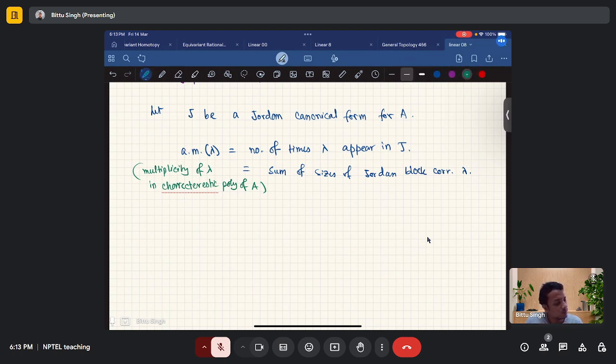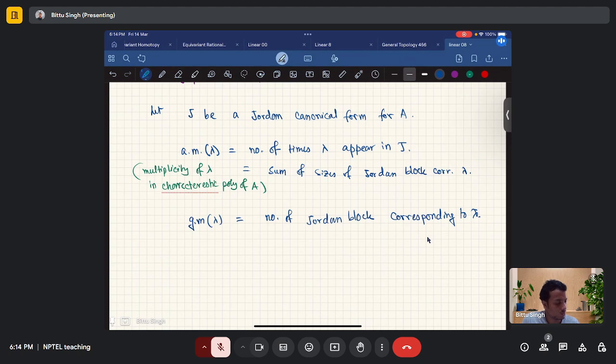And another thing, geometric multiplicity of lambda is the same as the number of Jordan blocks corresponding to lambda. Okay, those are actually called algebraic and geometric multiplicity.